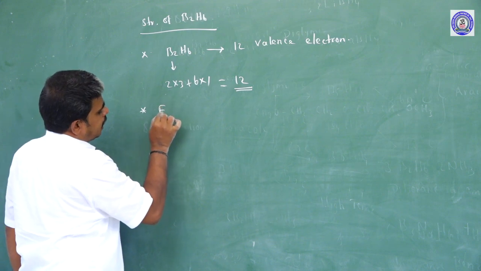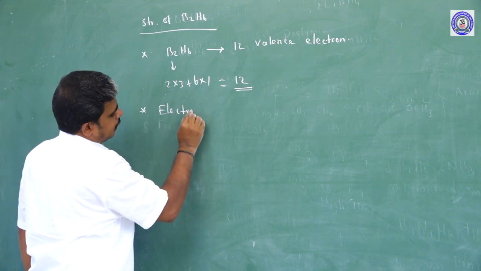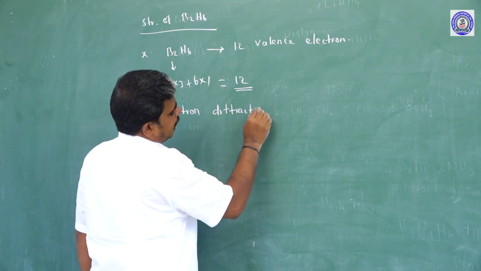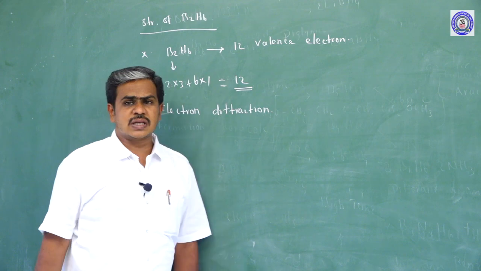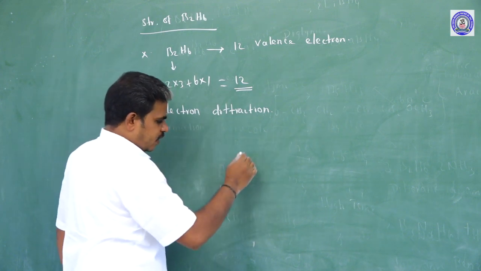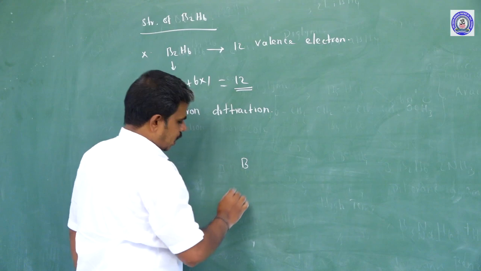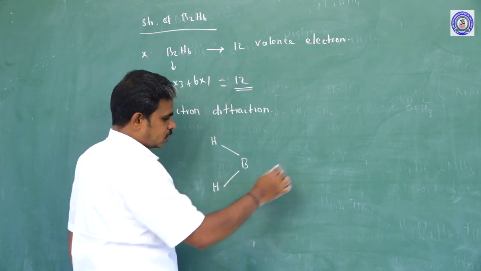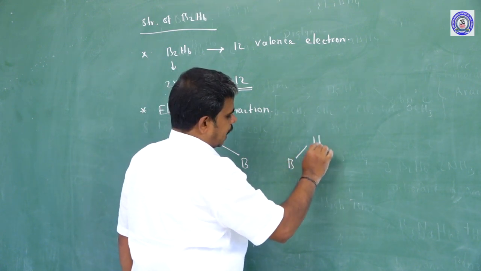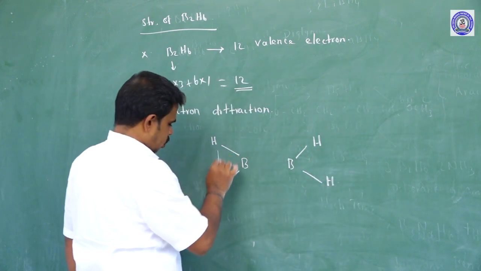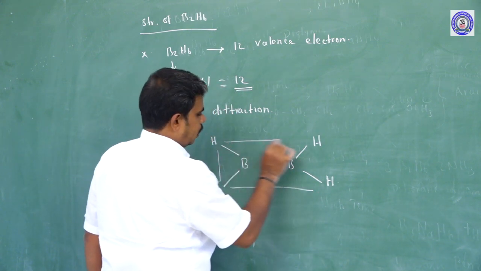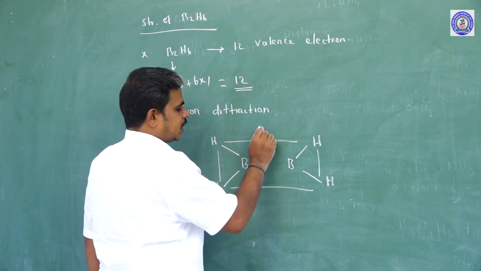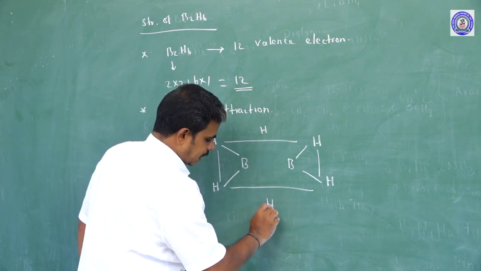Now we may take the next one. Electron diffraction studies give the structure of diborane, and we may draw that here: boron, and here hydrogen, and here hydrogen, and boron, hydrogen and that hydrogen, and another hydrogen, and here there is hydrogen.